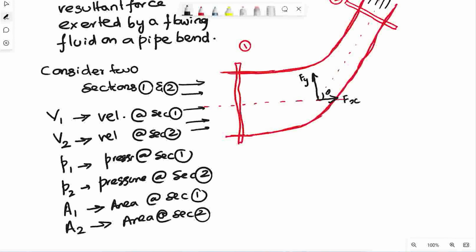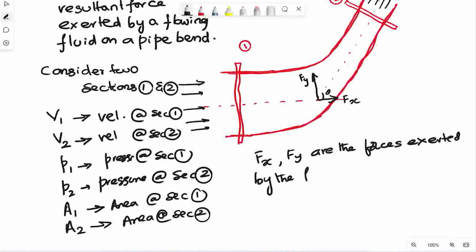Now Fx and Fy are the forces exerted by the fluid on the bend.